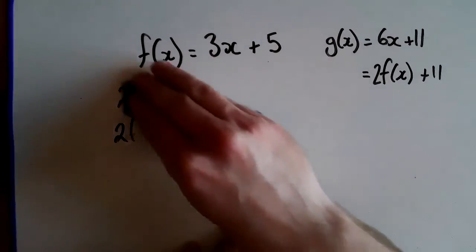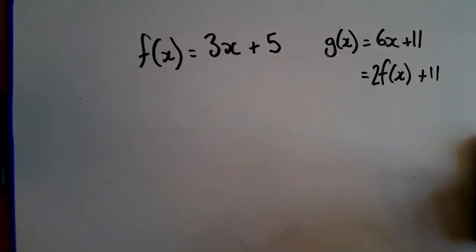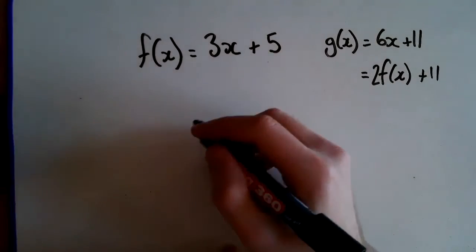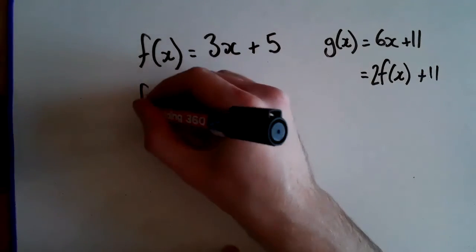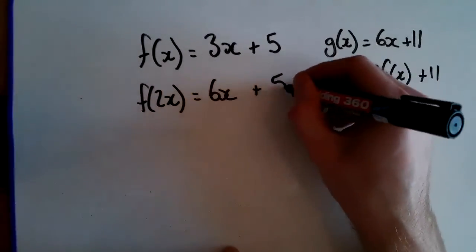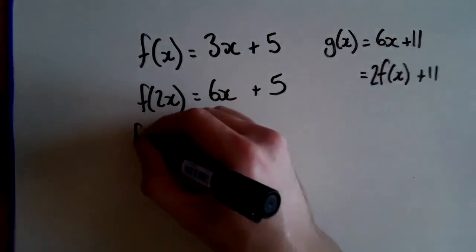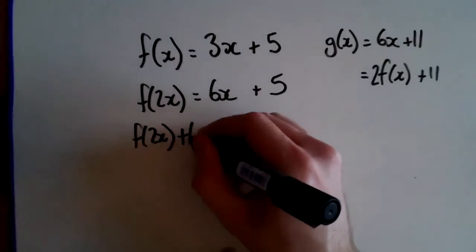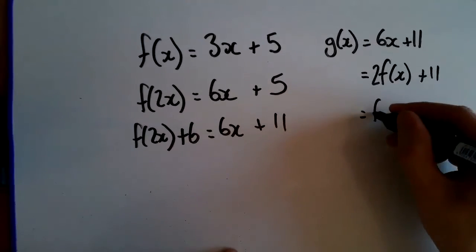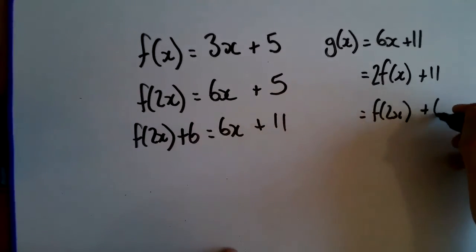But if you wanted to think of it another way, I can't make my mind up. Yeah, let's do it. Then I could, first of all, just times the x by 2 to get 6x add 5. And then I could add 6 to that to get that 11 on the end. So I could also write that as f of 2x add 6.